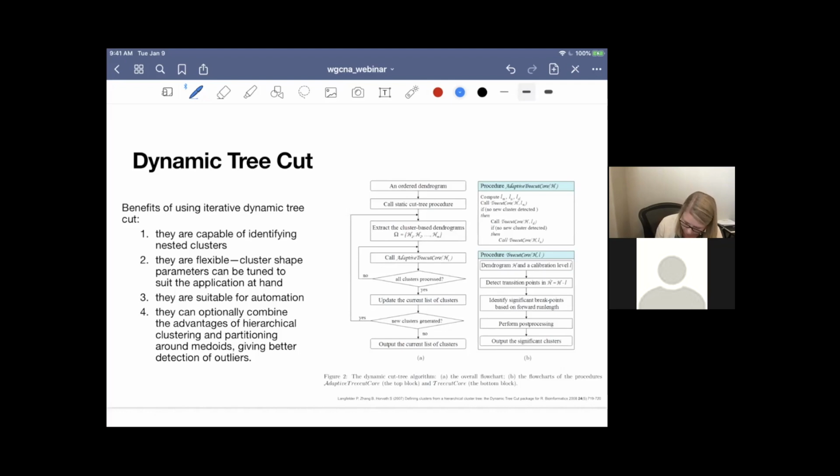And so for the details here, this could be a whole presentation in itself. I would refer you to the Langfelder and Horvath paper that outlines it in great detail.